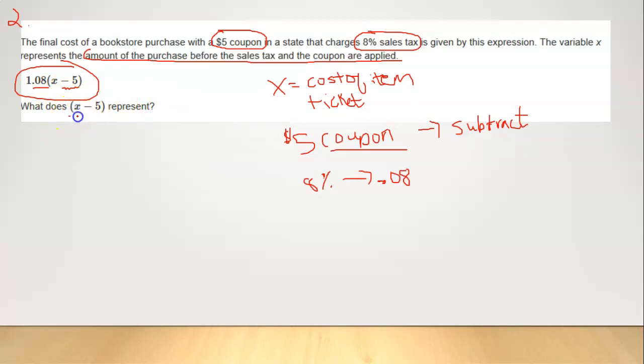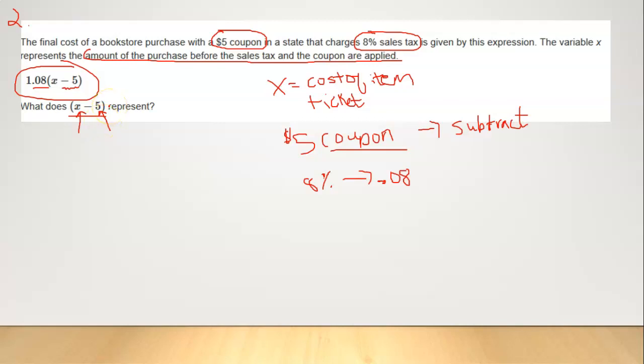So it wants to know, what does the x minus 5 represent? We're basically turning this numerical expression into meaning. We're giving it meaning in the context of this problem. So remember, the x represents the ticket price of the item, and the 5 represents the coupon.